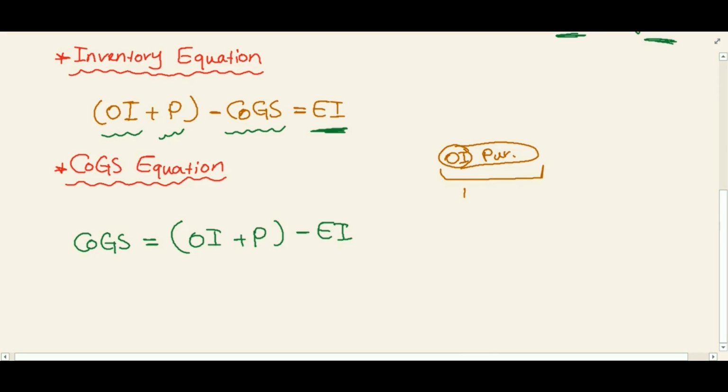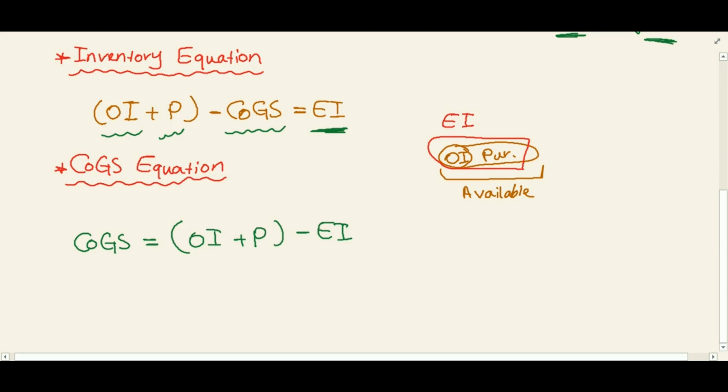We call it inventory or goods available for sale. So you should have all of this amount available for sale. Let's say you came at the end of the period and you found that only this much is what you have in ending inventory.